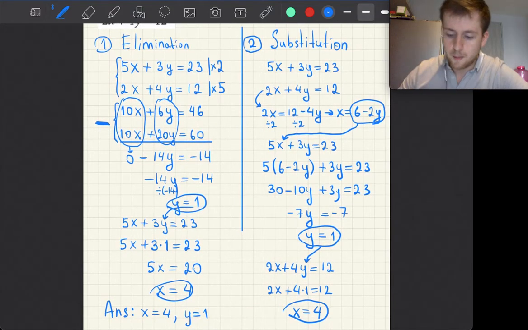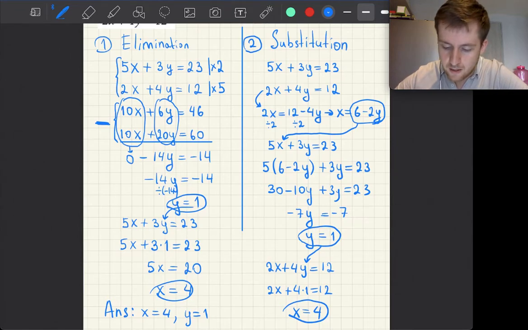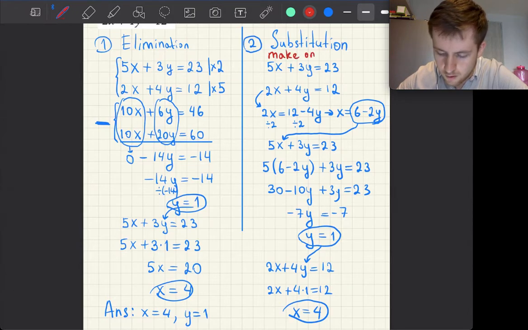So again, in the substitution method, we make one of the variables, in this case x, the subject, but it can be y, so totally up to you guys.